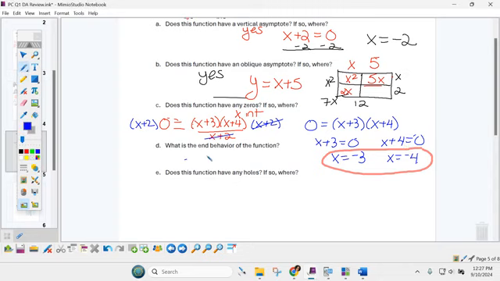End behavior. So end behavior deals with the horizontal or the slant asymptote. So for the right, x goes to infinity, y goes to a little bit.